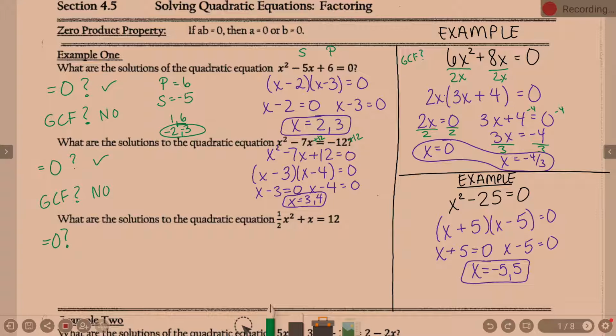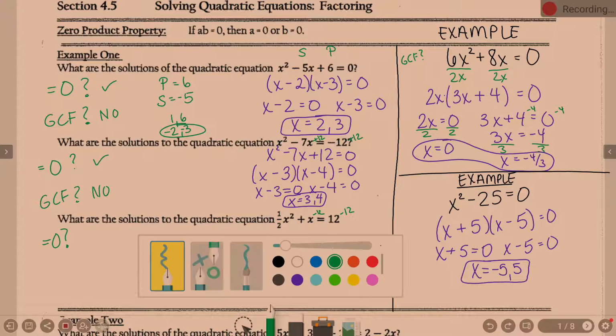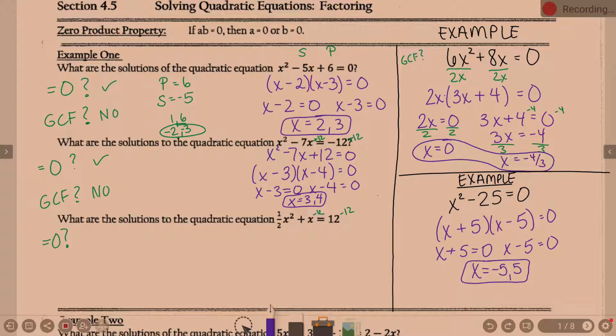No. So it equals 12. How do I get it to equal 0? If I have a positive 12, how do you get rid of positive 12? Subtract 12. So we're going to subtract 12. And we're going to rewrite our new equation, which is 1/2 x squared plus x minus 12 equals 0. Now it equals 0, right?